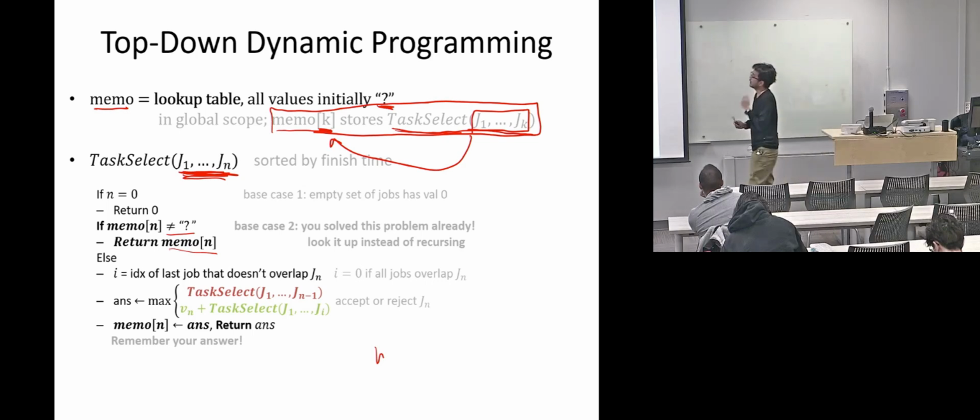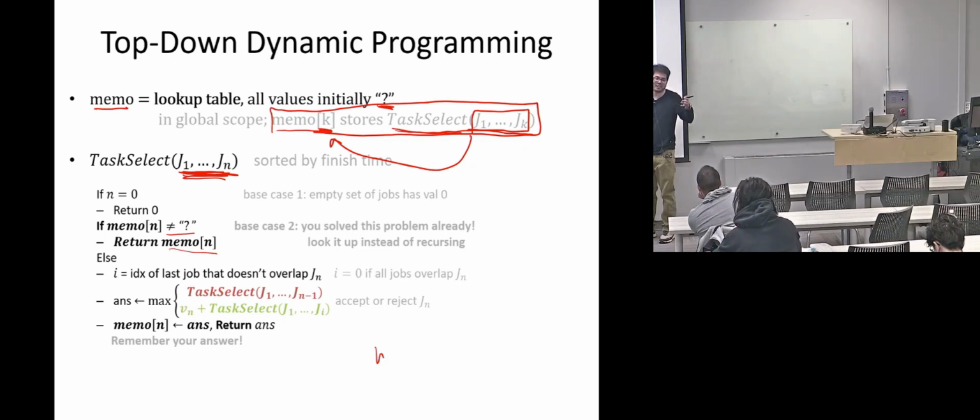The idea is that there are just n possible inputs that you ever want to look at. For those n inputs, there are n outputs, and each output you just store in the memo. Make sense? Yeah. Okay.